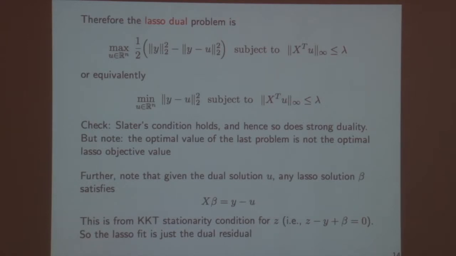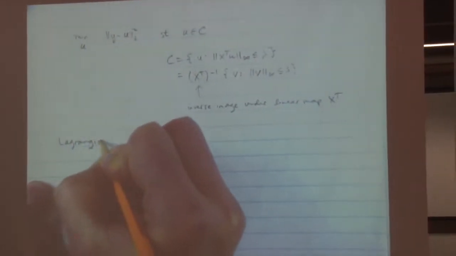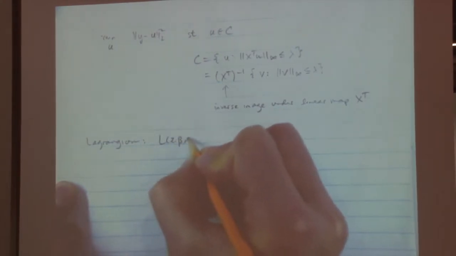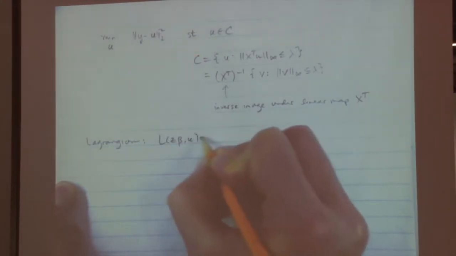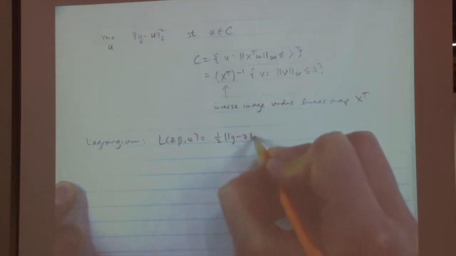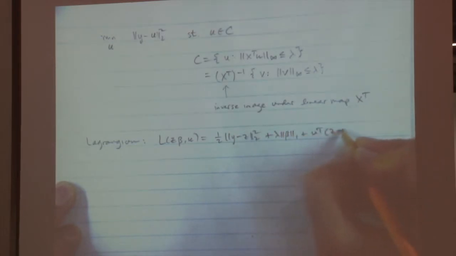Well, we go back to the Lagrangian. So let's write down the Lagrangian. Right, which was L of z, beta, u equals 1/2 norm of y minus z squared plus L1 norm of beta plus u transpose (z minus x beta).